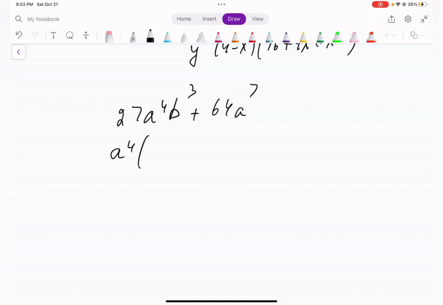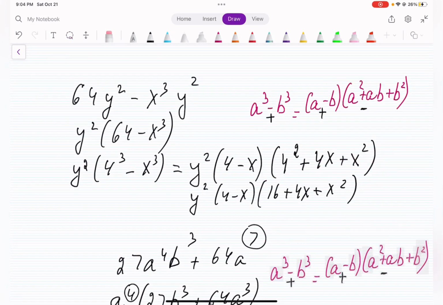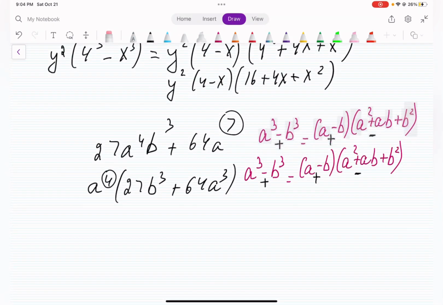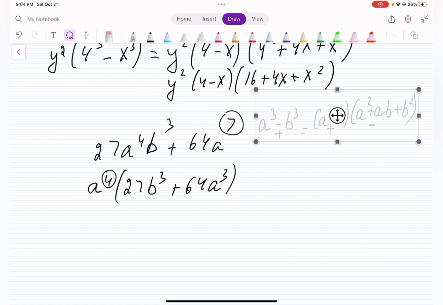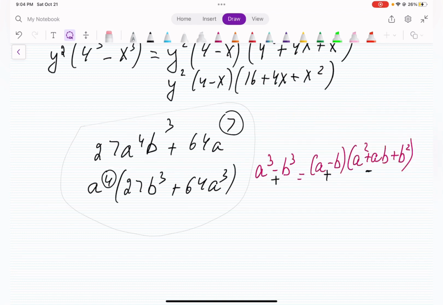So from the first term we will have 27 b cubed. From the second we will have 64 a cubed, right? 7 minus 4. When we divide, we subtract exponents. And let me bring down the formula. I can move this a little bit this way.